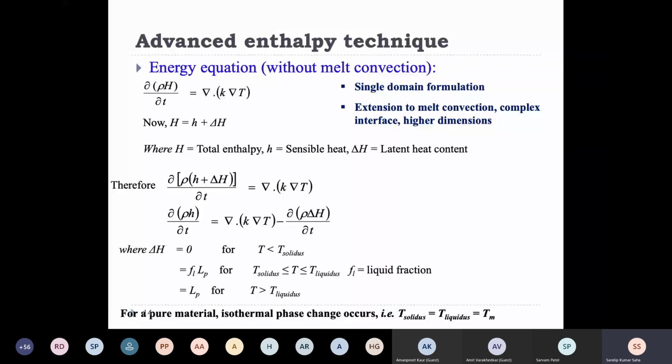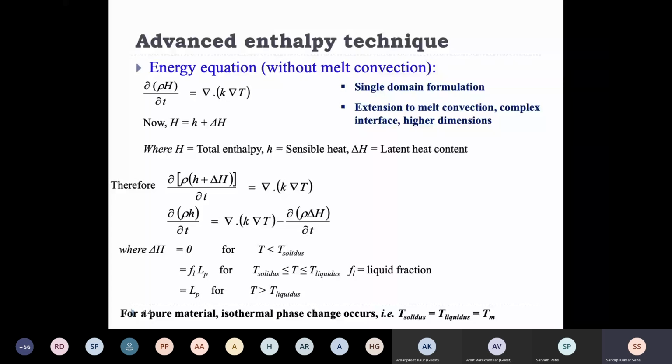If it is within the solidus and liquidus temperature, the latent heat content within that control volume will be governed by the liquid fraction, how much liquid is there, times the latent heat content. And if the temperature of the domain is higher than the liquidus temperature, then obviously the latent heat content will be full, that is L.